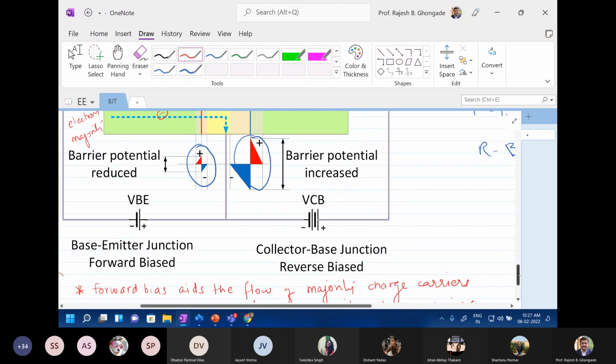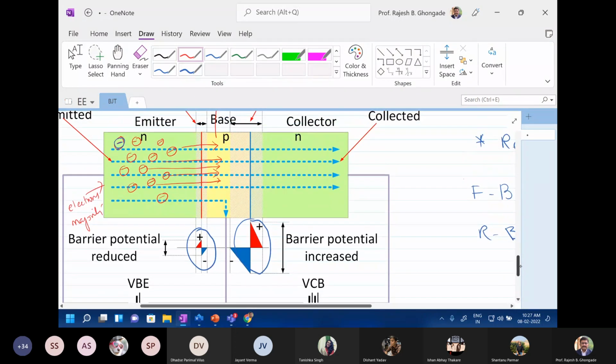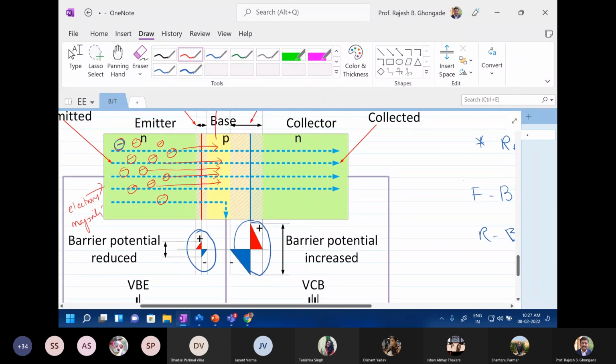Remember this very properly. Okay, so electrons which are in majority, they cross over into base. ठीक है ना? There will be some minority carriers also. I'll mark it as plus now. Doesn't matter here.